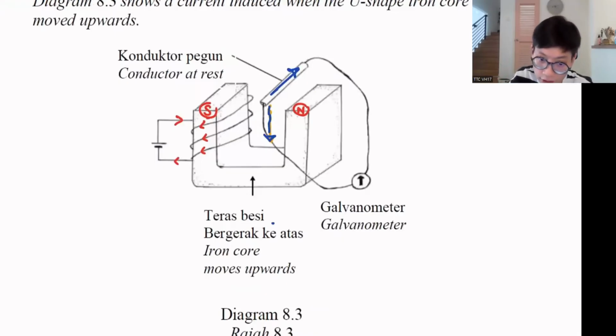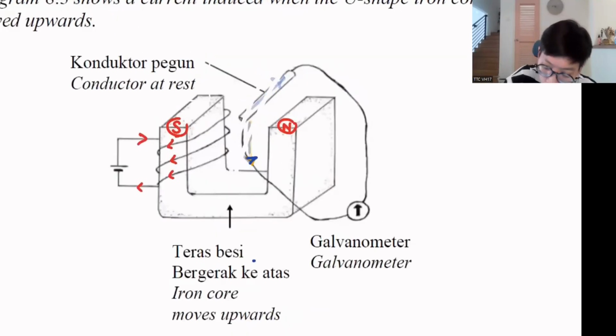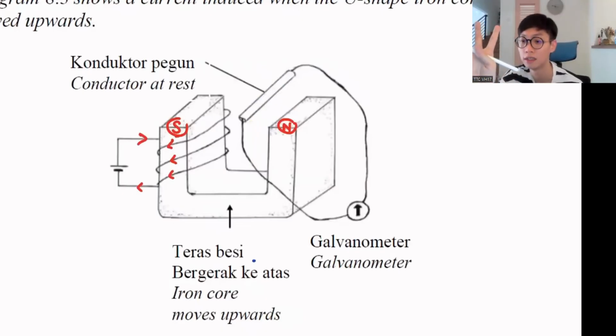Now here, the red color part, all understand already, right? So now when my iron core moves up, that means my conductor moves down. If my conductor moves down, because if your iron core moves up it's going to go down. What does that mean?